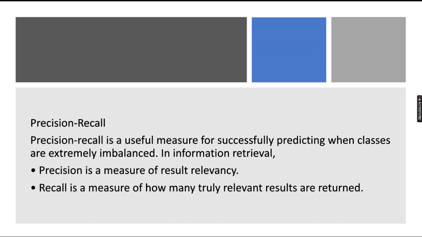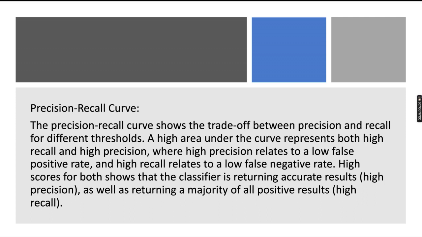Precision recall. Precision recall is a useful measure for successfully predicting when classes are extremely imbalanced. In information retrieval, precision is the measure of result relevance. Recall is the measure of how many truly relevant results are returned. The precision recall curve shows the trade-off between precision and recall at different thresholds.